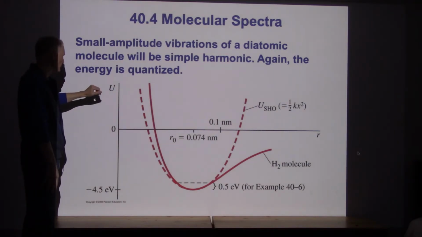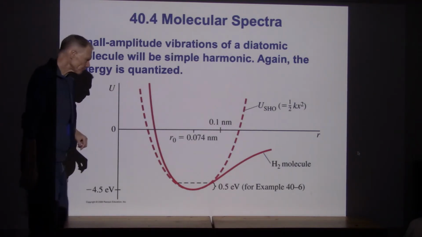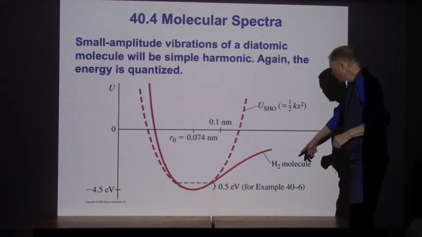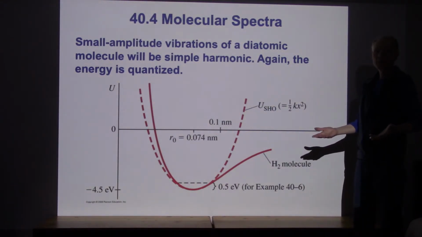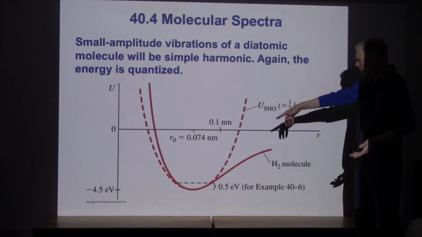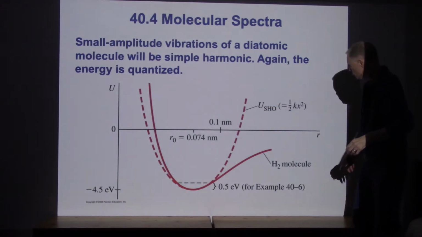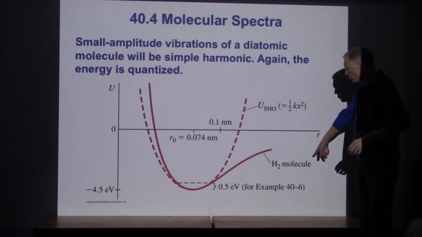If we look at the bond energy, this U is keeping track of bond energy. Now they're calling this the H2 molecule, but it could be any molecule as far as the shapes that we're working with. The specific numbers they're looking at do correspond to an H2 molecule.